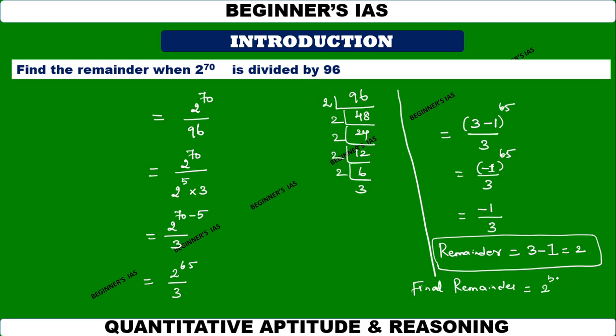Therefore you multiply 2 power 5 with the remainder which we are getting, that is 2. Here 2 power 5 is nothing but 32. 32 into 2 is the final remainder. Therefore the final remainder is equal to 32 into 2, which is 64. This is the final remainder.